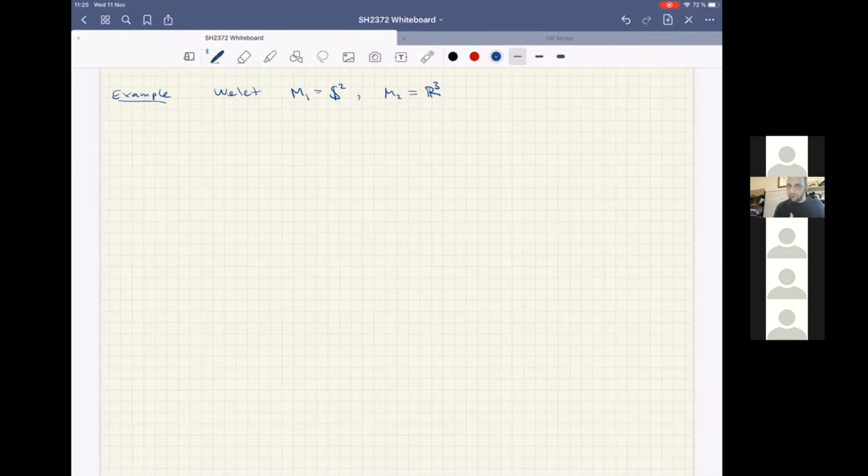Now on three-dimensional Euclidean space, we have a metric G such that the line element ds squared is just dx squared plus dy squared plus dz squared in Cartesian coordinates. So the question is, what is the induced metric here on the sphere?